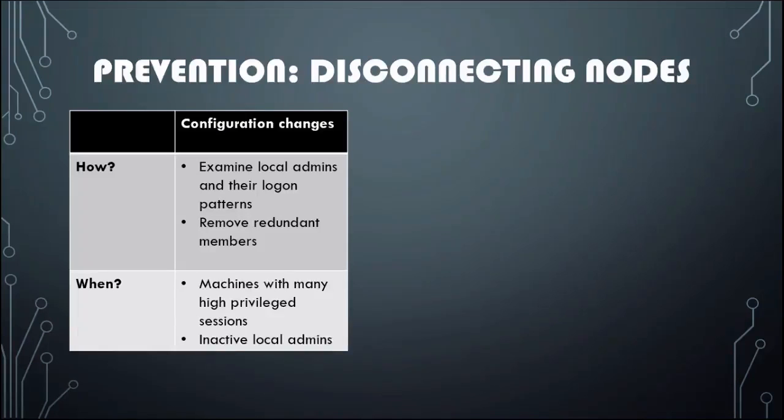This solution would be most common for scenarios with vulnerable machines that constantly have many high-privilege sessions, but also many inactive local admins. This shows us that maybe that is the misconfiguration and that local admin should not be present there. This is a pretty simple change, and remember that every time you have a less privileged domain account that has local admin privileges on a vulnerable machine, you are adding an additional attack path in the underlying graph.